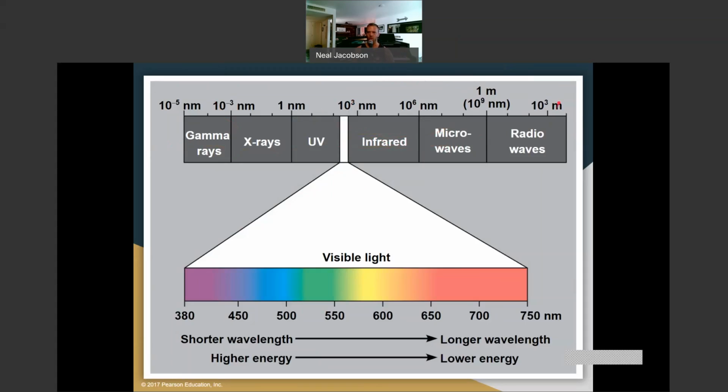A meter is about 3 feet long. 1/1000th of a meter is a millimeter, 1/1000th of a millimeter is a micrometer, and 1/1000th of a micrometer is a nanometer. So nanometers are really small, but if we're measuring wavelengths of an invisible photon, they're going to be small wavelengths.